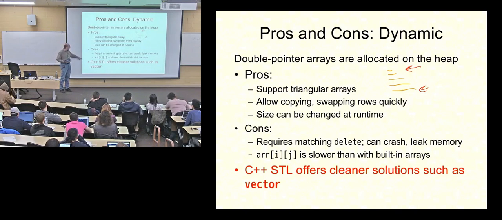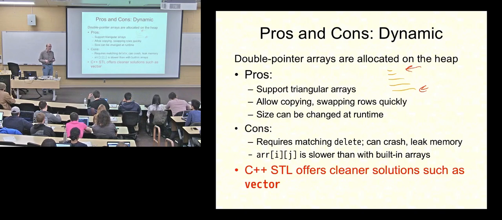The STL, though, offers something better than dynamic memory. We've got things like vector. So instead of creating a 2-dimensional array, you create basically a 2-dimensional vector. But 2-dimensional vectors don't exist, so what do we create? We can create a vector of vectors of integers.